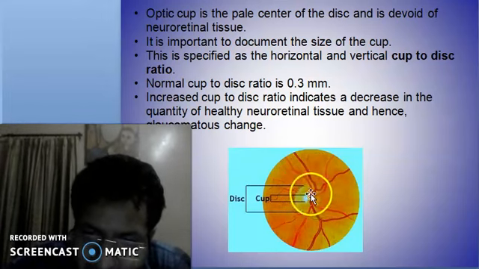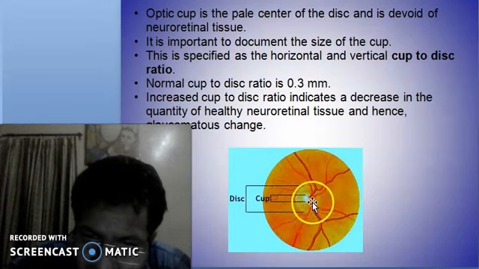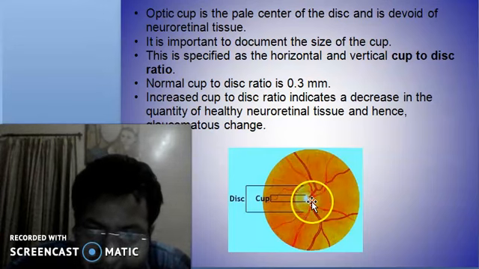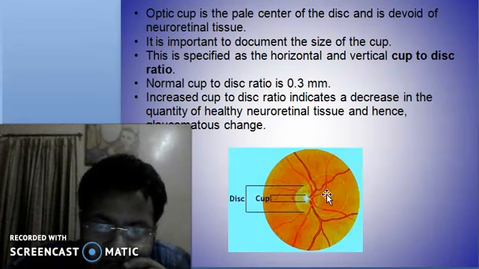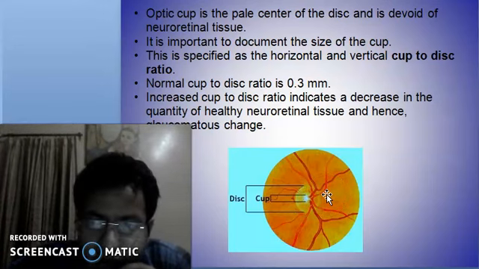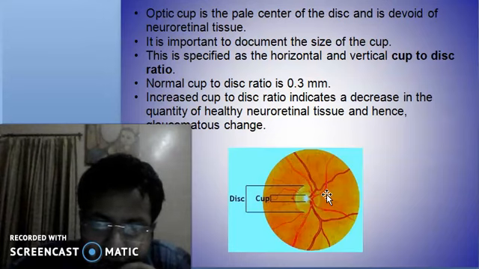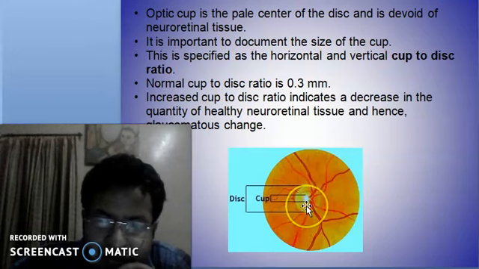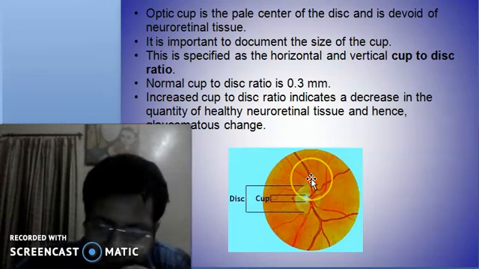The cup is the second turn of the vessel and not this pallor area. An increased cup to disc ratio indicates a decrease in the quantity of healthy neuroretinal tissue and hence indicates glaucomatous change.